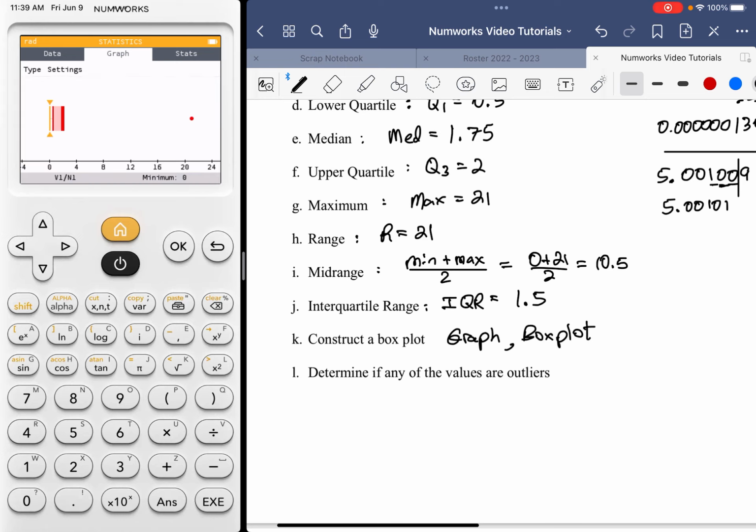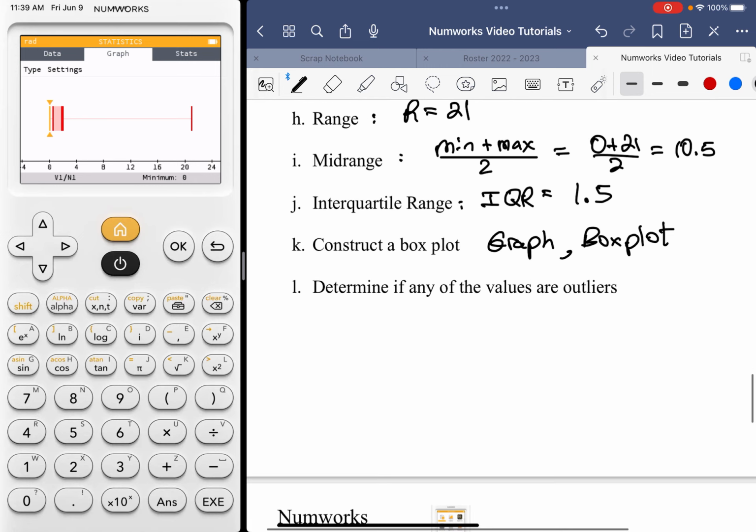Now, there's 2 types of box plots that are embedded in this. If I go to settings, you'll see an option to display outliers. If a question tells you just to create a box plot, we never want this activated. So I'm going to turn that off and then hit the go back arrow. And this would be my box plot.